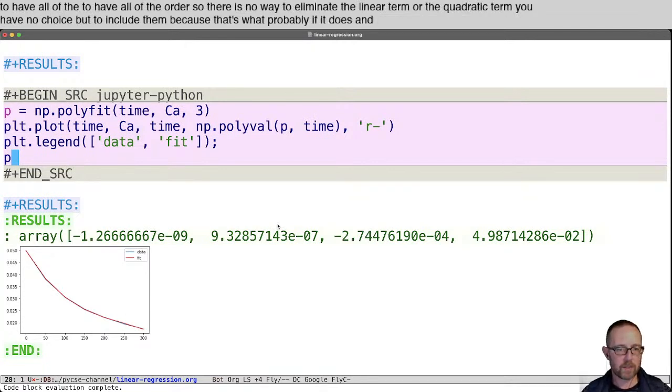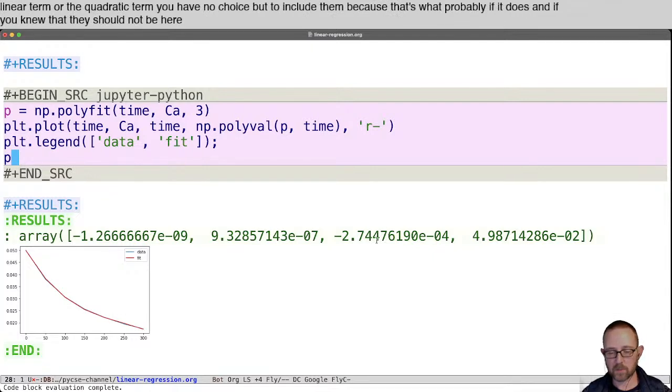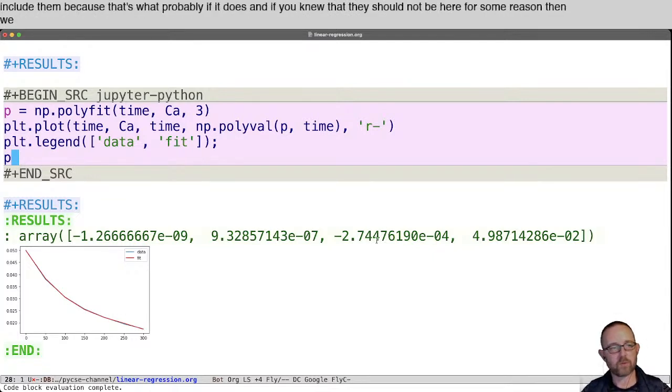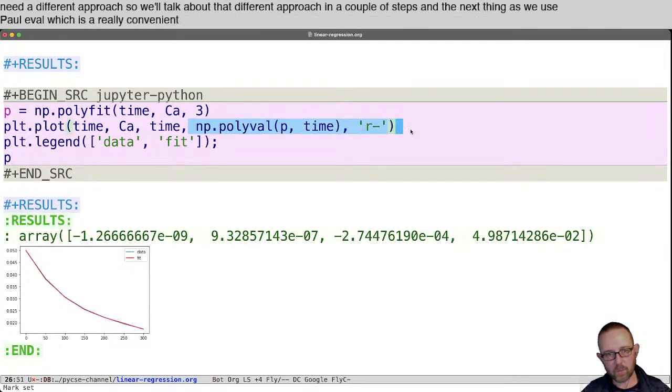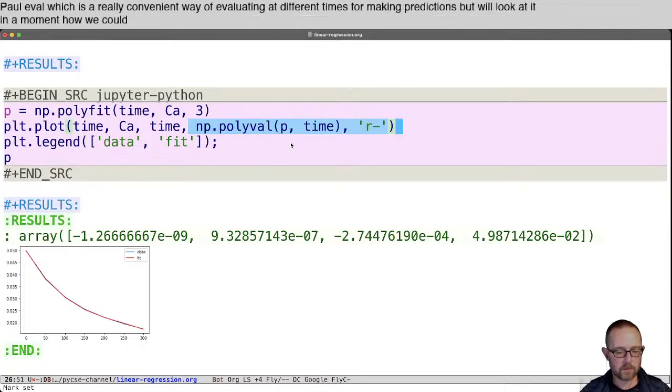And if you knew that these should not be here for some reason, then we need a different approach. So we'll talk about that in a couple of steps. The next thing is we use polyval, which is a really convenient way of evaluating at different times for making predictions, but we'll look in a moment at how we could do this ourselves.